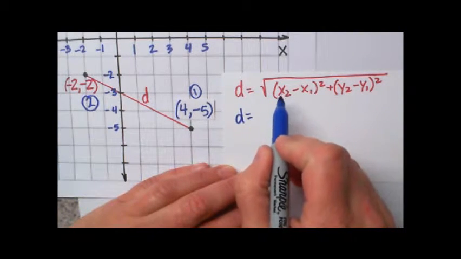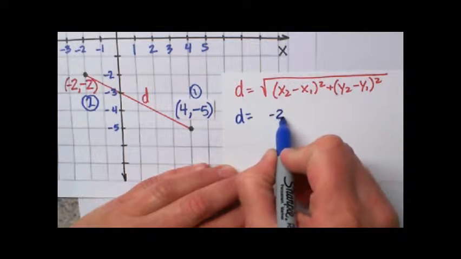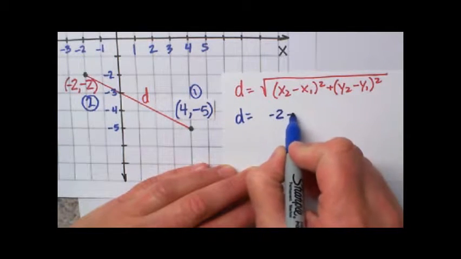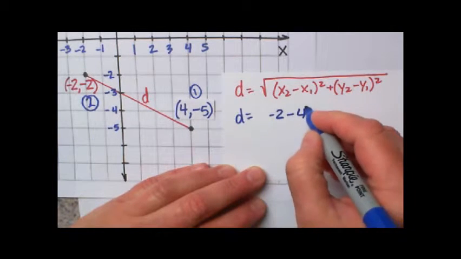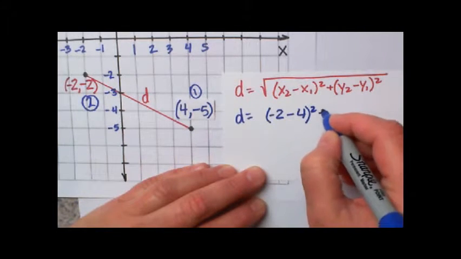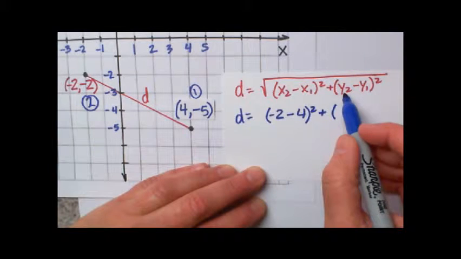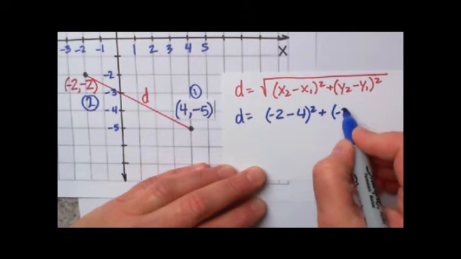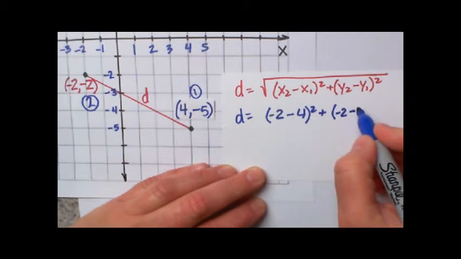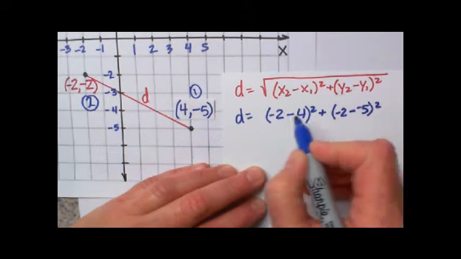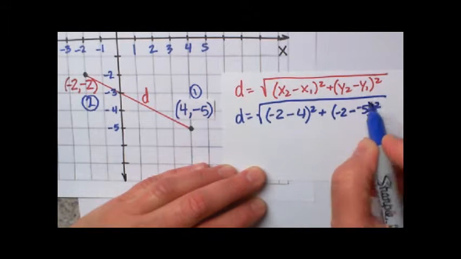The x-coordinate of point 2 is -2 minus the x-coordinate of point 1, which is 4. We'll square that. The y-coordinate of point 2 is -2 minus the y-coordinate of point 1, which is -5. We'll square that. Put it all under the radical sign.